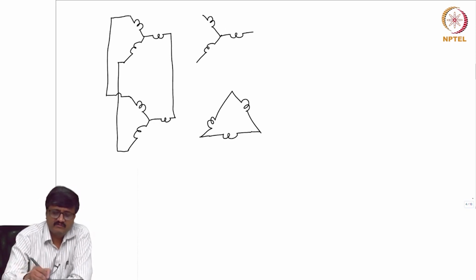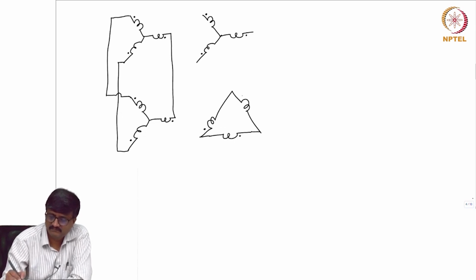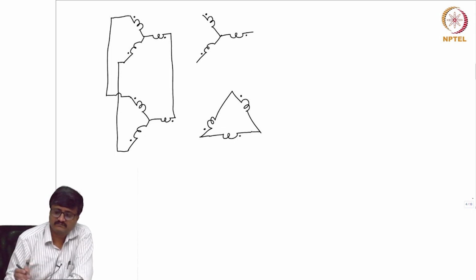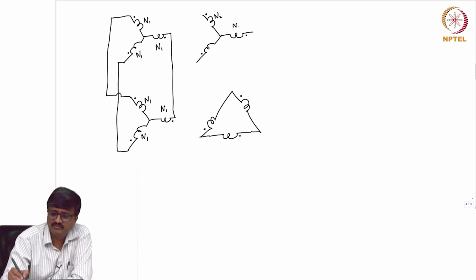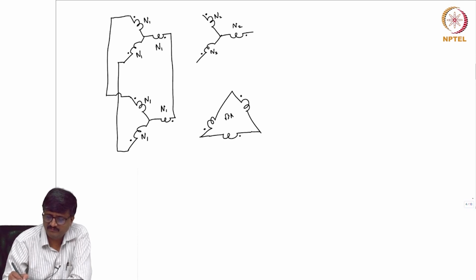Now, I will show you on the dot. So, we know all these windings have N1 turns, and this is N2, and these 3 have root 3 N2, all the 3.